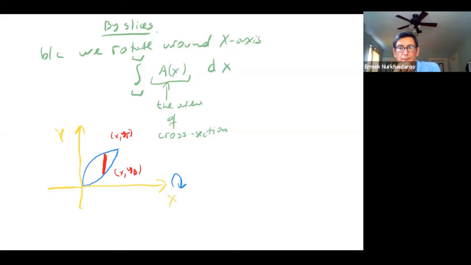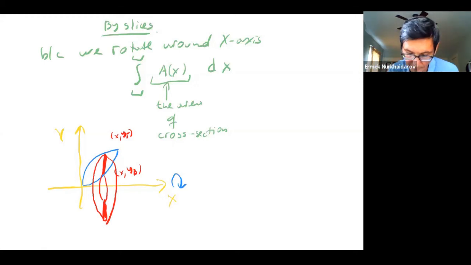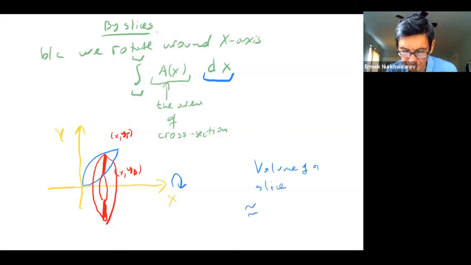Okay. And now we'll rotate this. Now, if you look at the slice, firstly, to get the slice, we're going to divide the x-axis. So our dx, which you mark here, is going to be correct because we're moving along the x-axis. But volume of slice, approximately, we're going to multiply it by thickness, delta x.